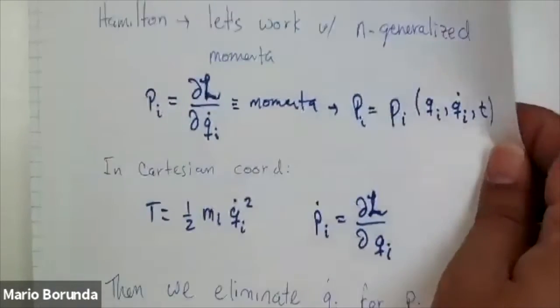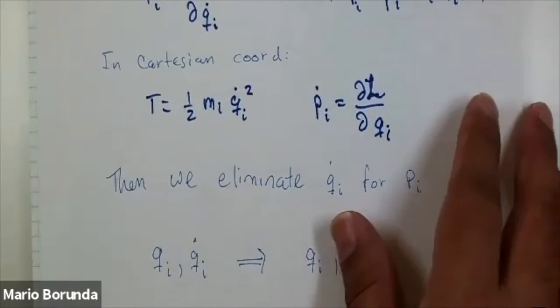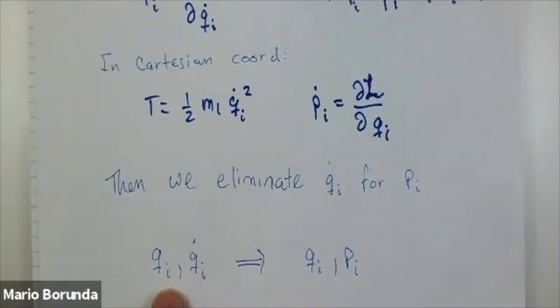So what Hamilton was trying to do was get something that wasn't coordinate and coordinates time derivative, but rather two things that we know about well enough: the generalized coordinate and the generalized momentum. So if we're looking at this from the point of view of a picture, let's see.